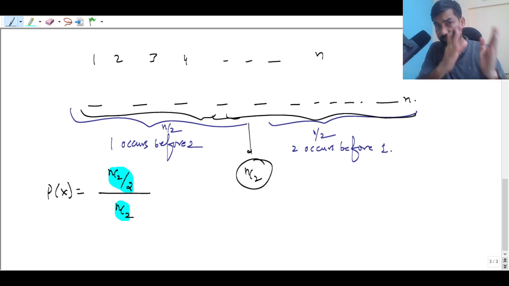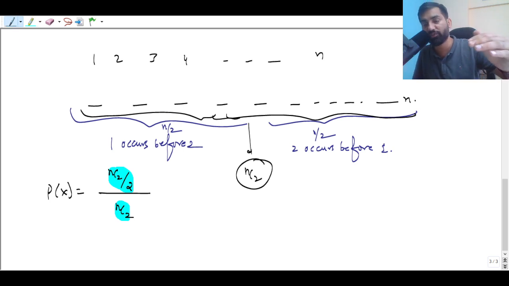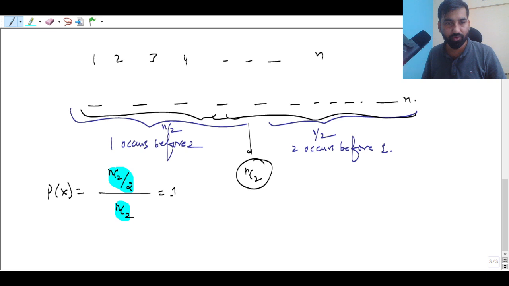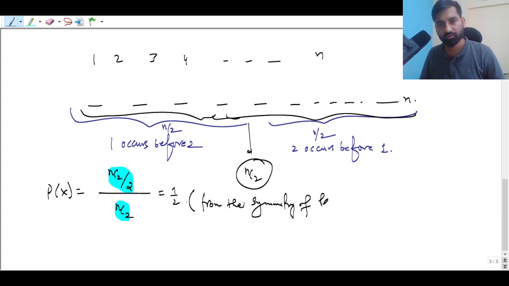In nC2, in half of the nC2 we have to place 1 and 2 so that 1 occurs before 2. So this will give you the probability 1 by 2, from the symmetry of permutation.